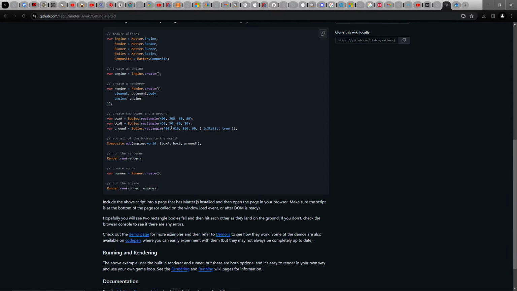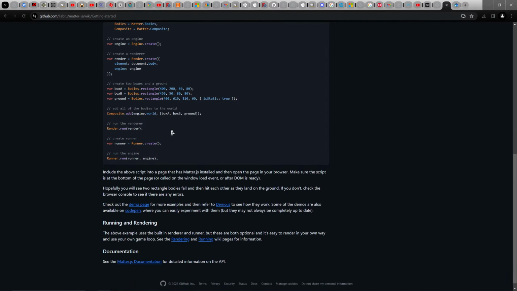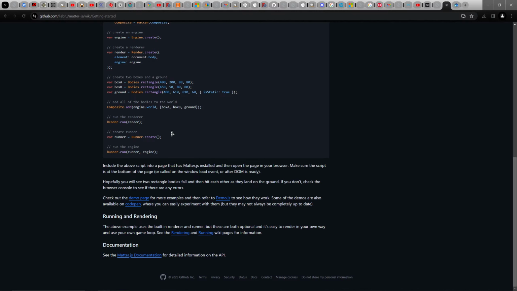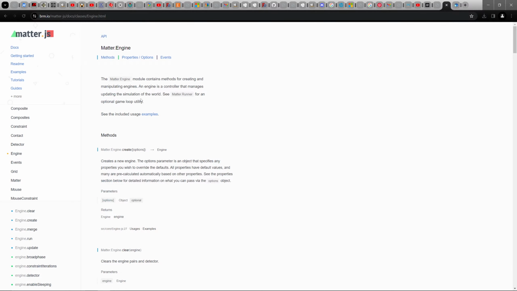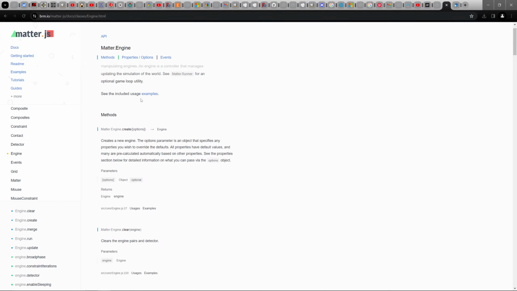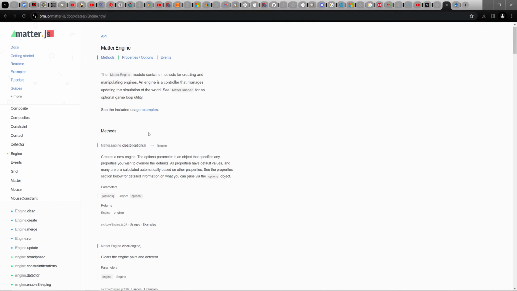Create an engine. Render. Two boxes and a ground. Methods for creating and manipulating an engine.